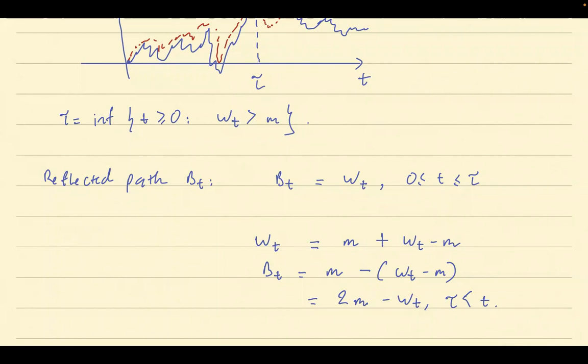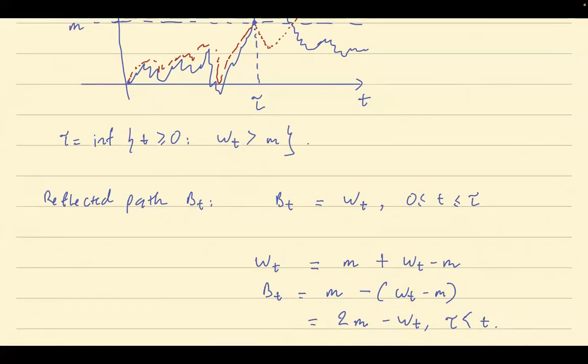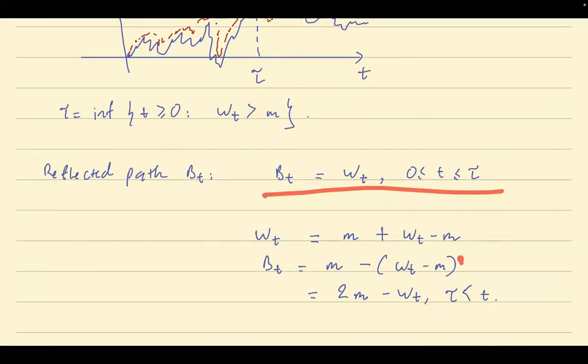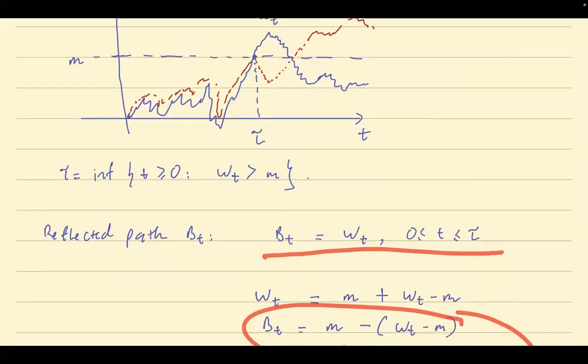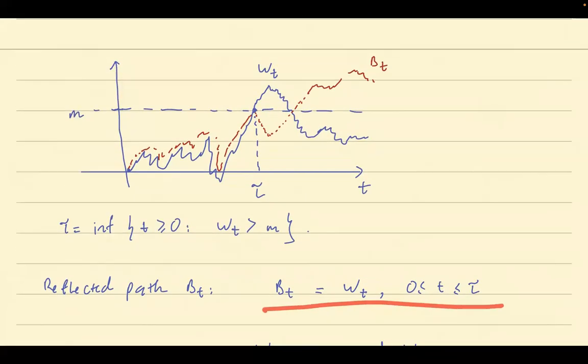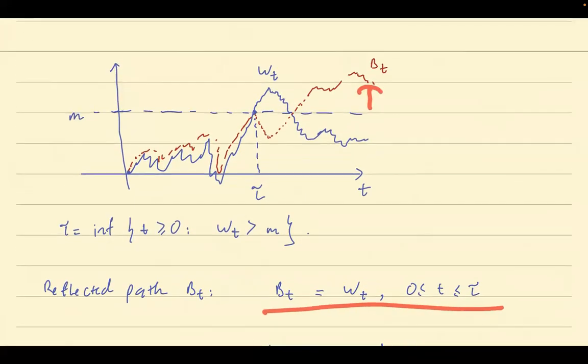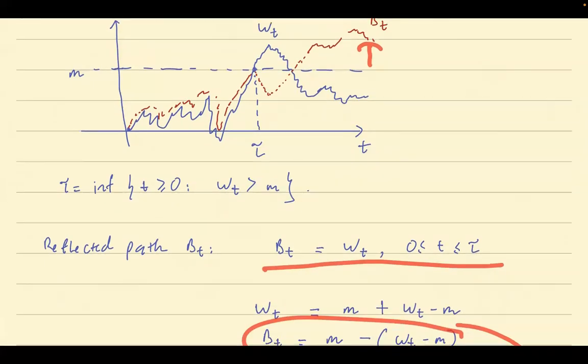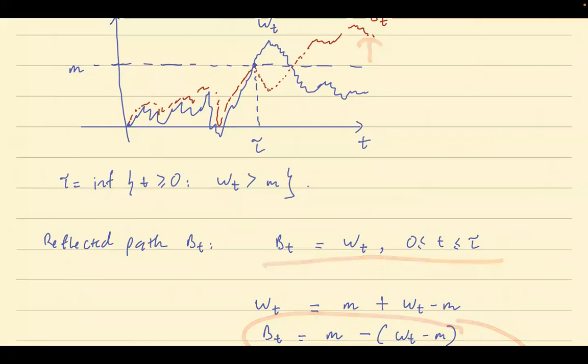Okay. Right now we're just defining a path, and it is exactly writing down in symbols what I was drawing in red in this picture. Obviously, once I write this down, it doesn't matter what the Brownian motion path looks like, there is always a corresponding reflected path.